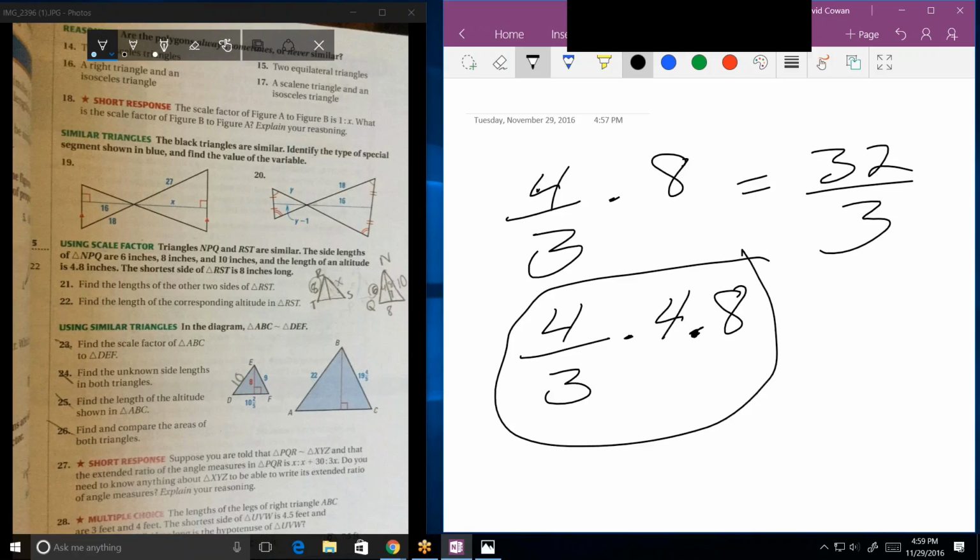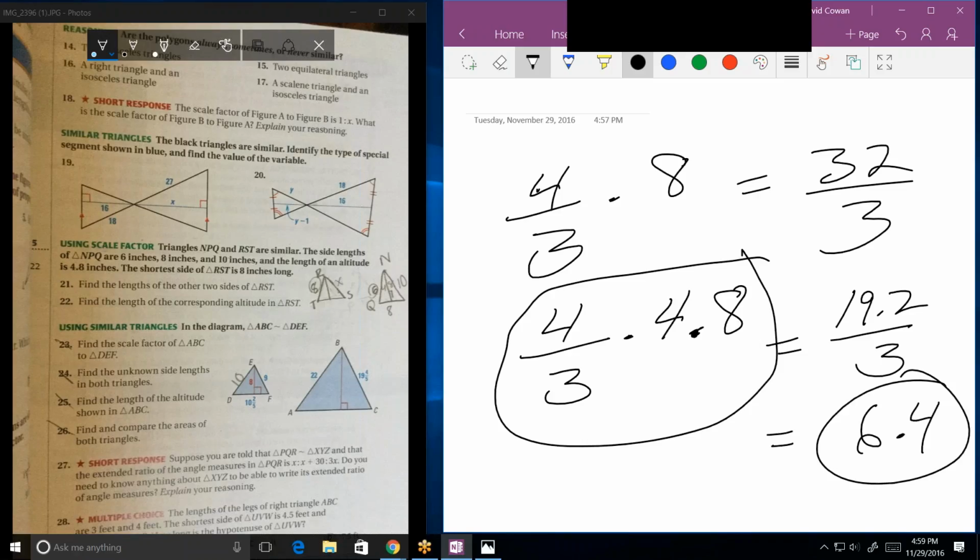You're taking the altitude of the smaller triangle and multiplying it by the scale factor to get the altitude of the bigger triangle. It's 19.2 divided by 3, and that actually can be simplified into 6.4. So make sure you do simplify them when they can be simplified.